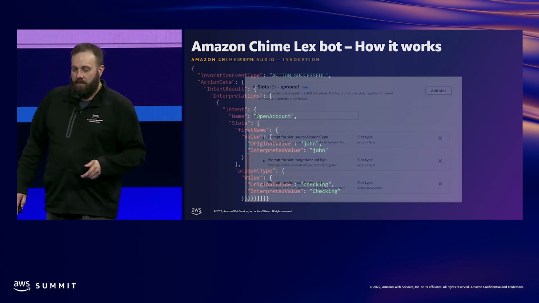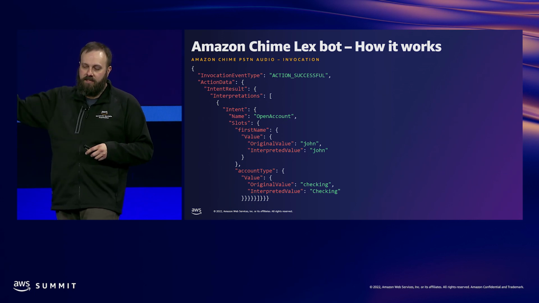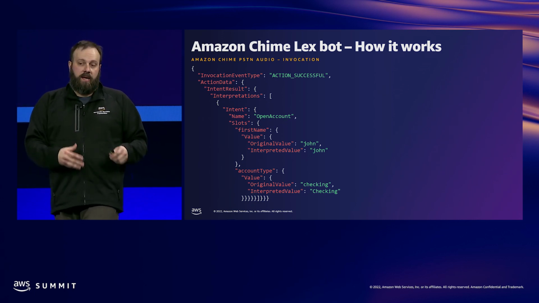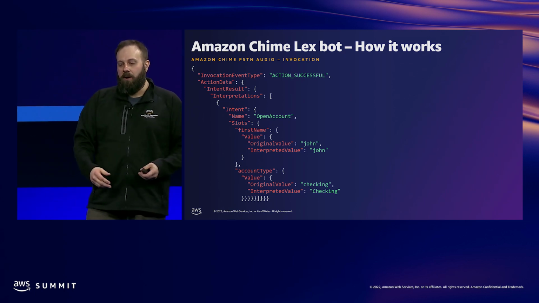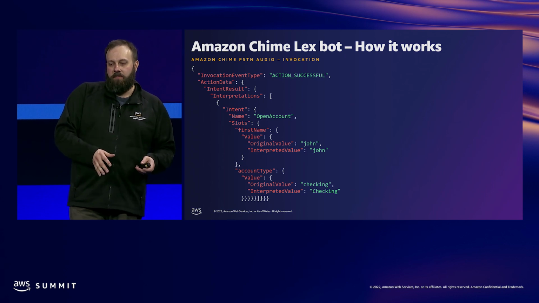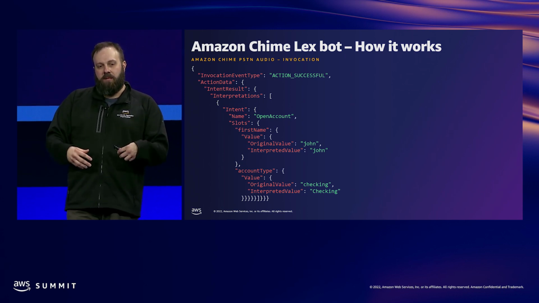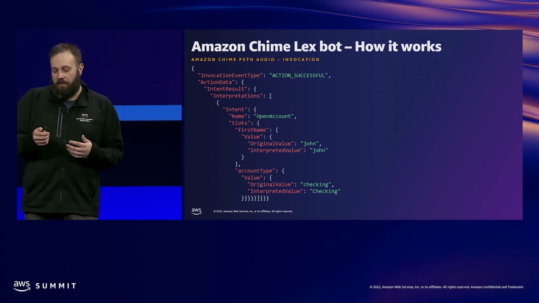So what happens when I'm done is I return back to that PSTN audio the information that I gathered from those intents. So in this example, I wanted to open an account. My name is John. I want to open a checking account. All of this information gets passed back from the LexBot to the PSTN audio and is now available for more manipulation.